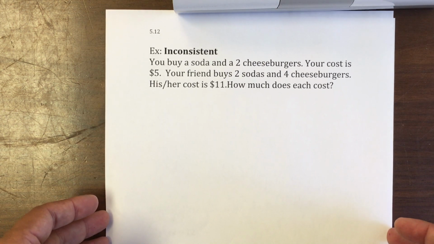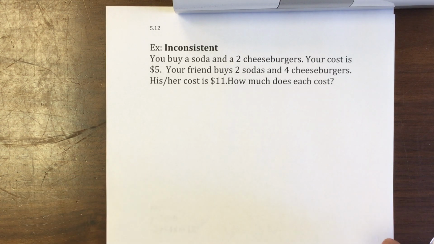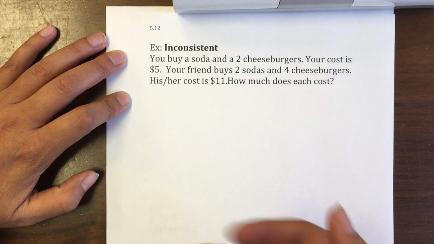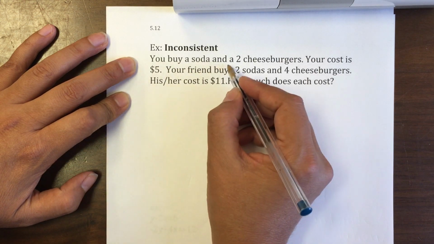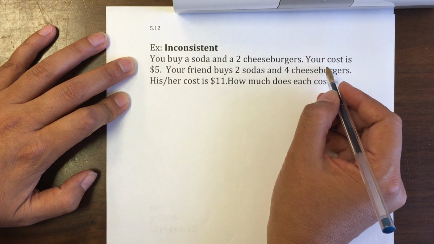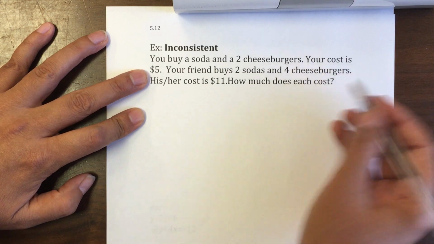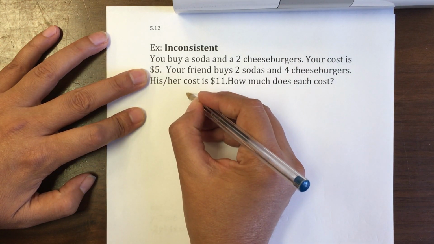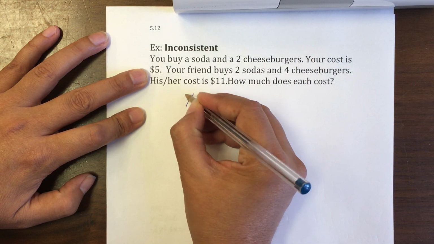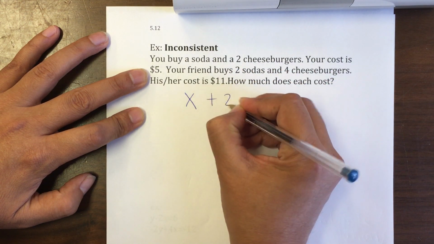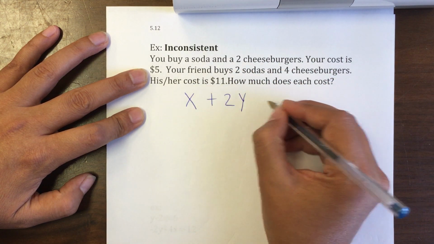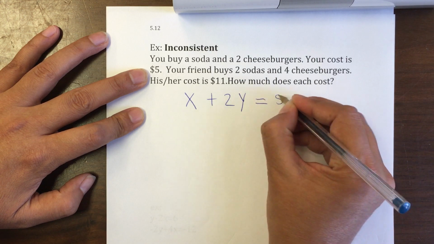Now, inconsistent, what does that mean? Well, let's look at this and the answer will come up. You buy a soda and 2 cheeseburgers. Your cost is $5. So 1 soda and 2 cheeseburgers, and the cost is $5.